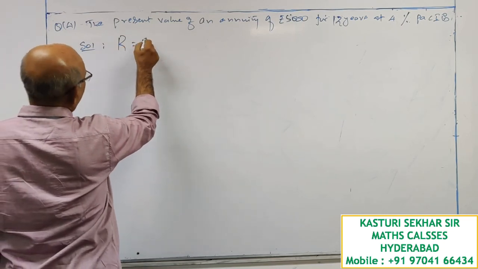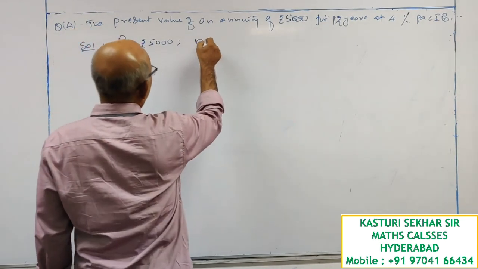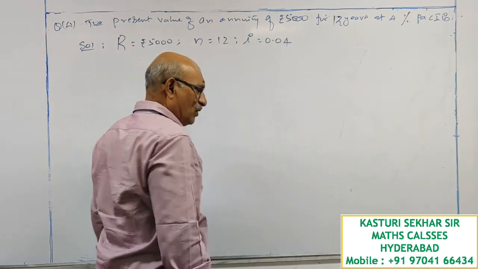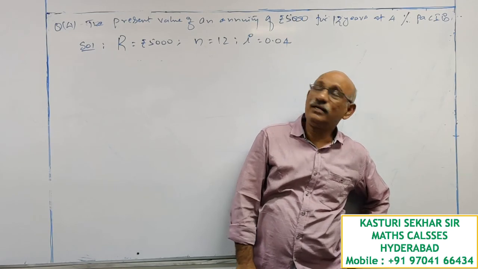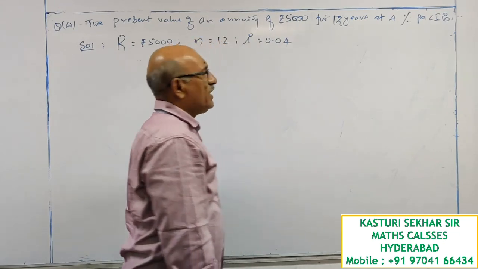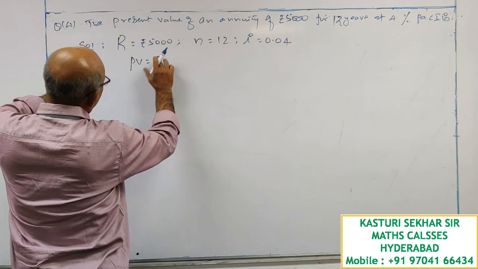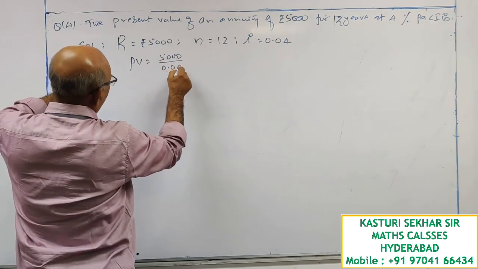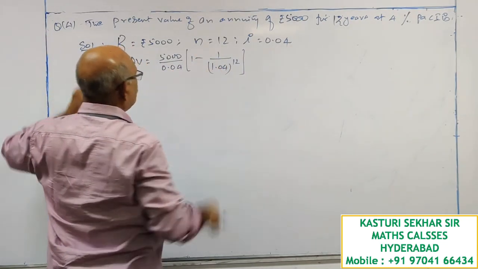R is equal to rupees 5,000, N is equal to 12, and our rate of interest is 0.04. Present value is equal to 5,000 divided by 0.04, into 1 minus 1 by 1.04 whole power 12.